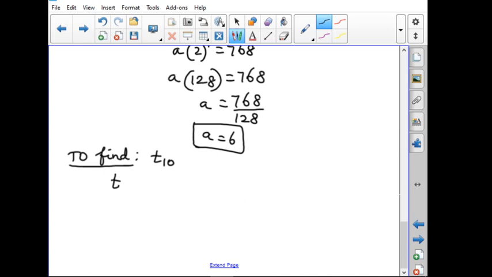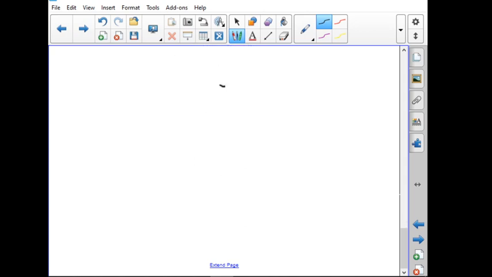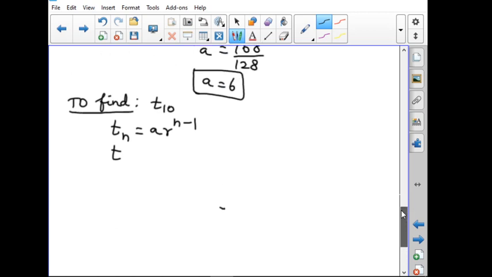We know the general term Tn equal to a r power n minus 1. Here you have to substitute the values. n is 10. So T10 equal to a is 6 and r is already given, 2, power 10 minus 1.